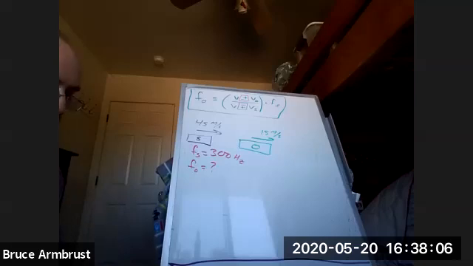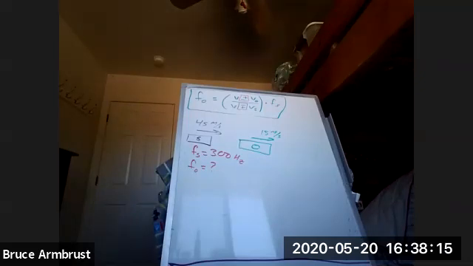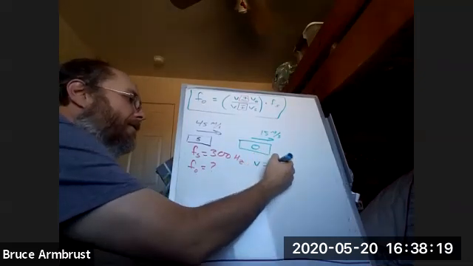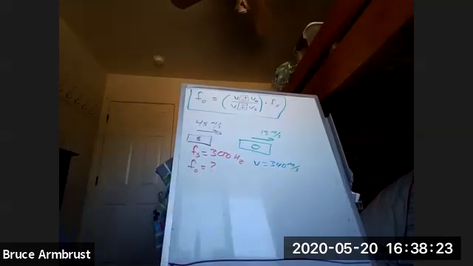Okay, well, there's one other thing that we need in order to calculate this. We need to know what is the actual speed of this wave. So let's just make it a nice, easy number. Let's say that V is 340 meters per second. So it's always somewhere in that 330, 340 range. So let's just make a nice number, 340.